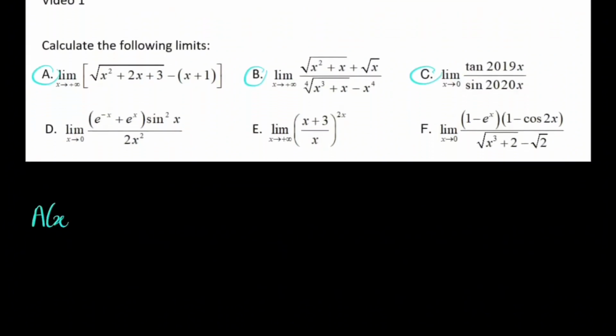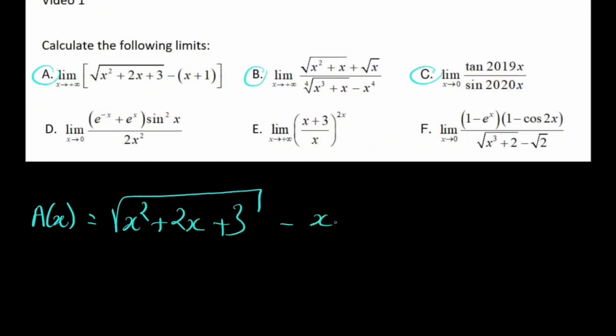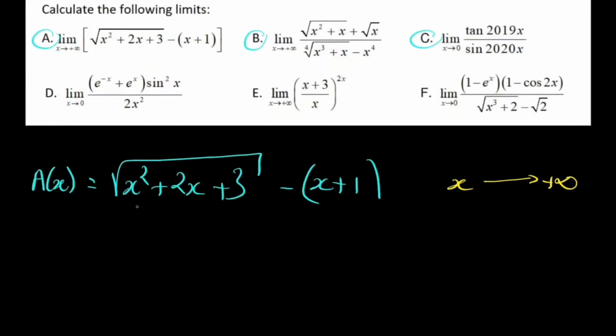So A of x, the expression depending on x, is equal to the square root of x squared plus 2x plus 3 minus x plus 1. And we want to find the limit as x tends to plus infinity. So usually with polynomial functions like that, we want to see what is the most powerful term.